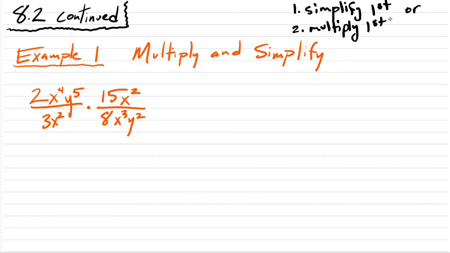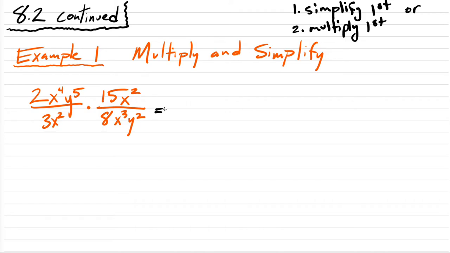It honestly doesn't really matter. Each one has advantages and disadvantages. But no matter which way we pick, we have to double check that the final answer couldn't be simplified more. Do you have a preference? I'd say multiply. Okay, so if you're multiplying fractions, you multiply the tops together and then you multiply the bottoms together.